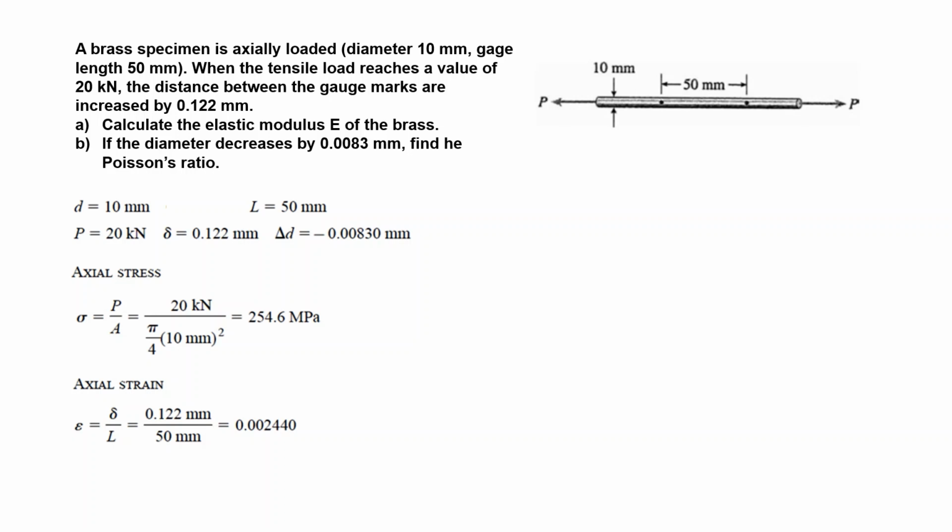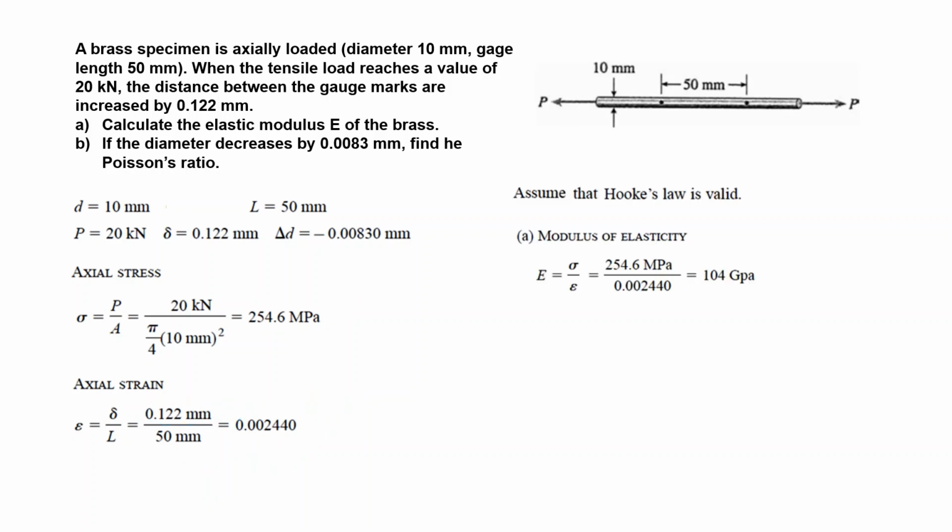Next, for this load, I have an elongation of 0.122. This is the initial length, and so the strain is also very easy to find.